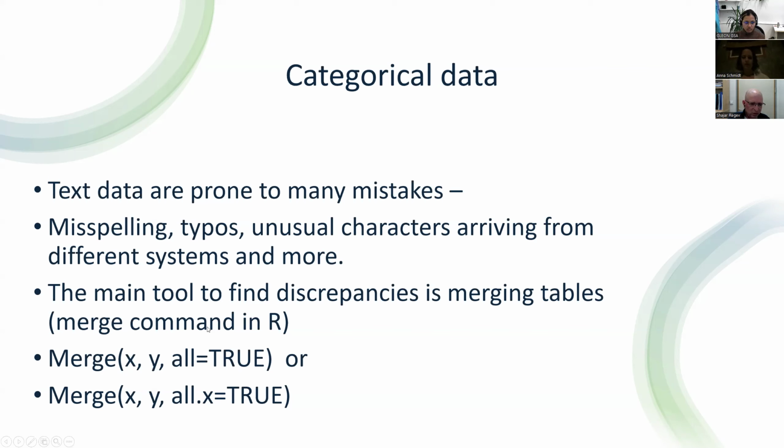So usually you will do a merge with table X and table Y, and maybe define which columns to merge by if the columns are not the same name. And it's important to define the all parameter, all true, or all.x true, or maybe all.y true, depending on your order.